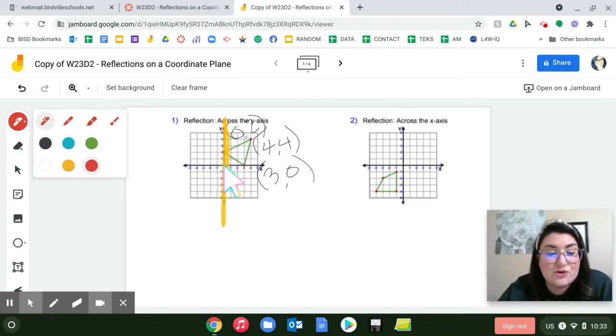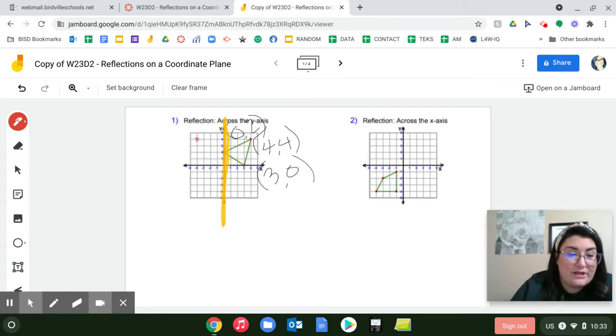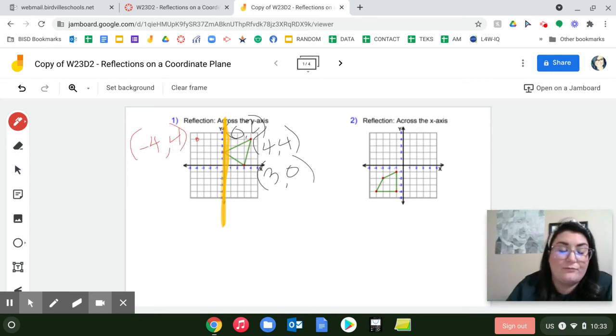But instead of going to the right 4, up 4, this time we're going to be going to the left 4, up 4. And that point is negative 4, 4. Okay, so instead of going to the right 3, up 0, I'm going to be going to the left 3, up 0, which would be called negative 3, 0.